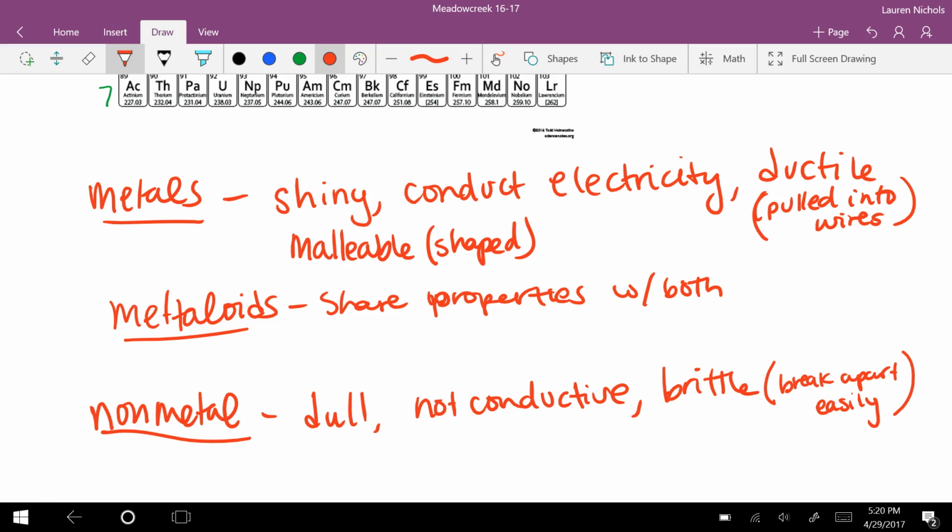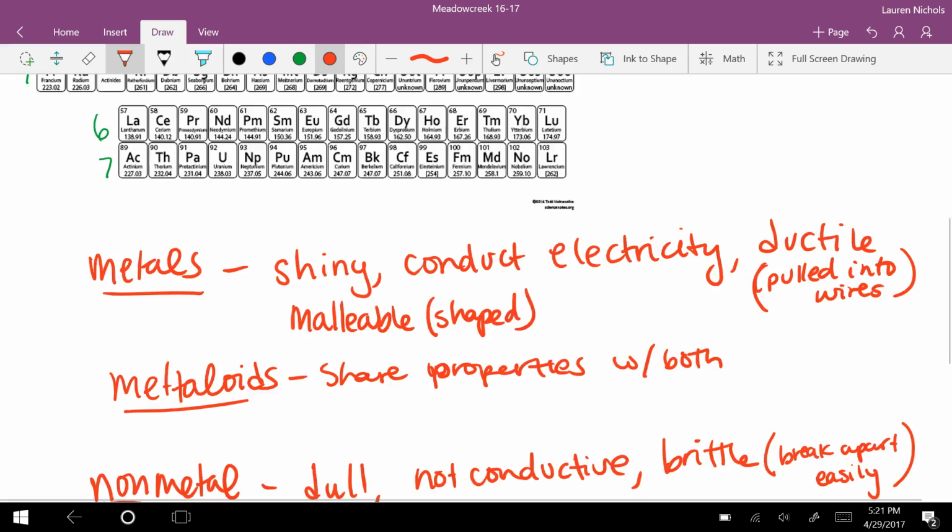Or if you had something that conducted electricity but was dull, that would be something where it's sharing one property of metals and one property of nonmetals, or maybe it conducts electricity just not as well as most metals. That would be part of the metalloid feature.